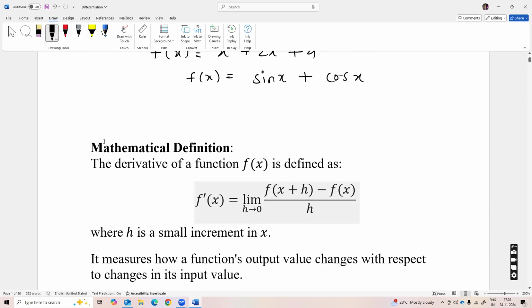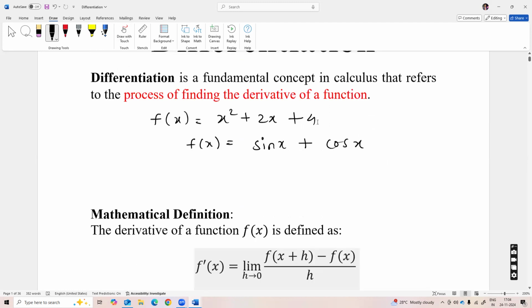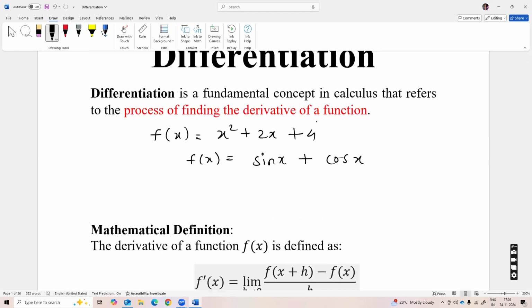Let's see the mathematical way to find the derivative of a given function. If we have any function f of x, let's see how to find its derivative. First, the derivative of function f of x is written as f dash of x, or if you again take its derivative, you can write it as f double dash of x.